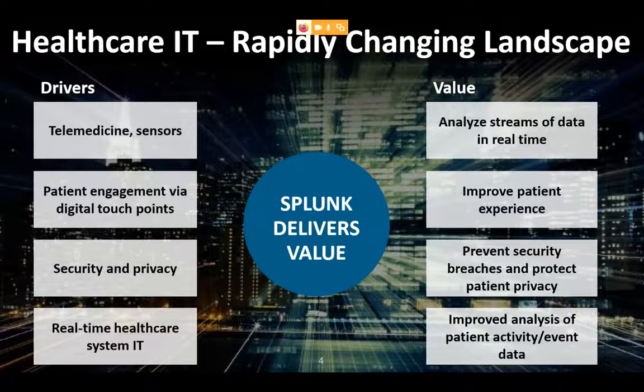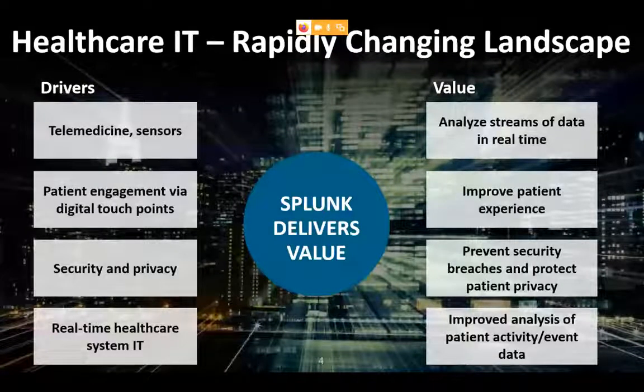As Splunk, we call it the data-to-everything platform. Leading healthcare organizations are shifting from a reactive to a proactive state of responding to incidents.